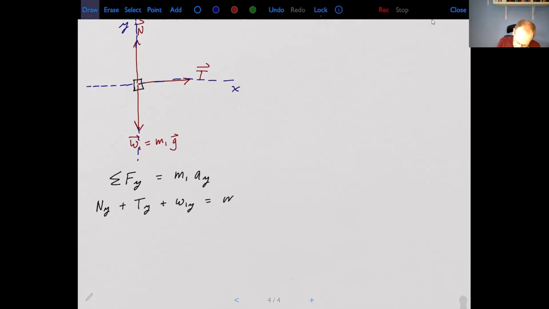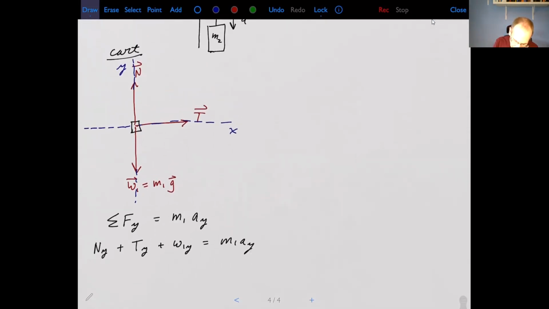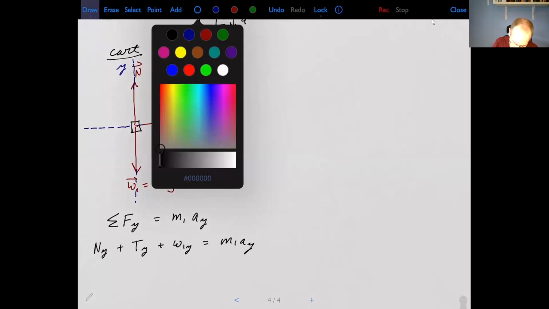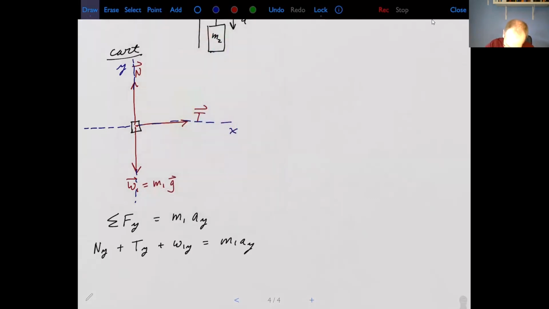That's got to equal M1 AY. Okay, so what is the Y component of N? What is the Y component of T? What is the Y component of each of those forces? Generally, this is the trickier question, right? You have to do a little more work because generally, let me just do a little bit on the side here. Generally, you're going to have a vector like this.